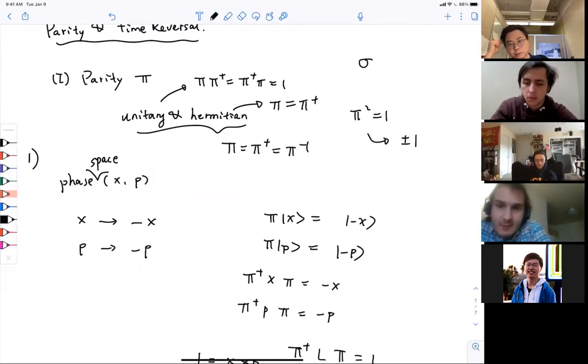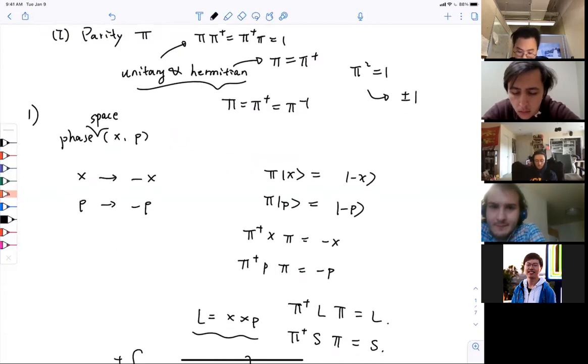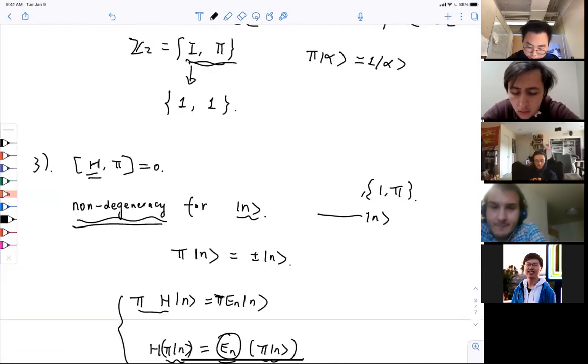In condensed matter, similarly, there are also some important discrete symmetries we care about, like parity, time reversal, and particle-hole symmetry. This is one of them.